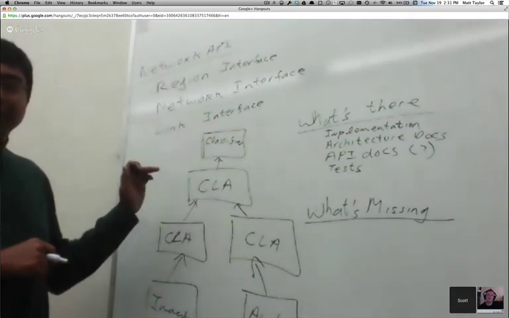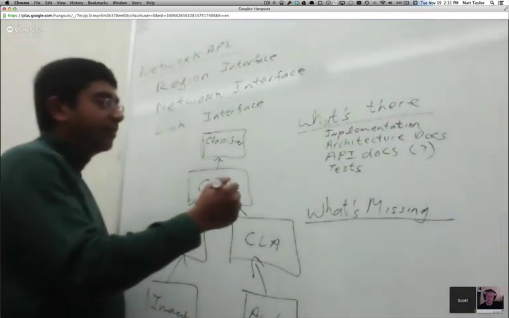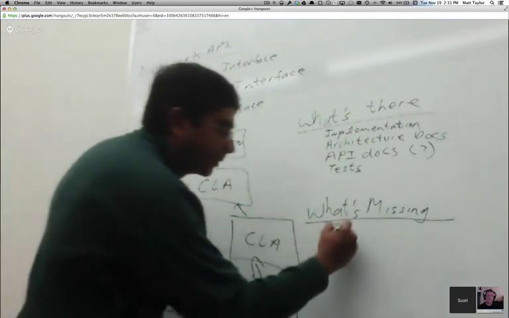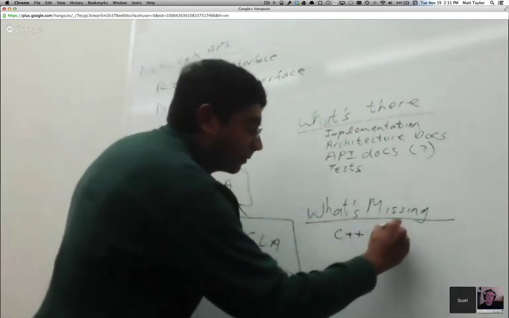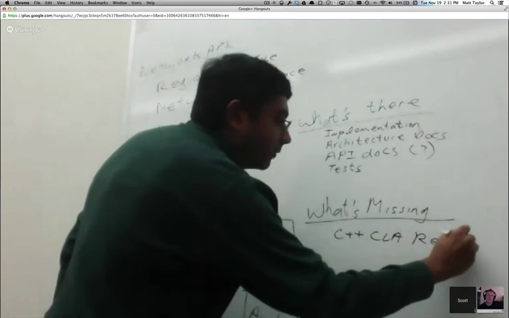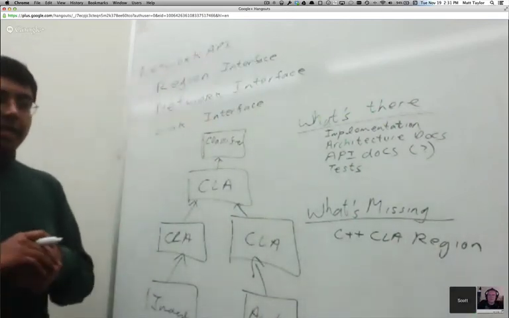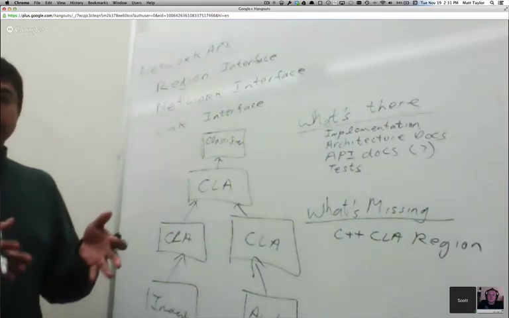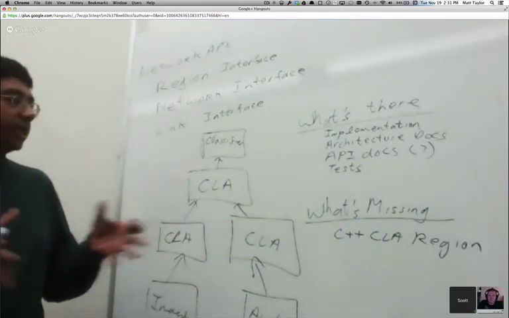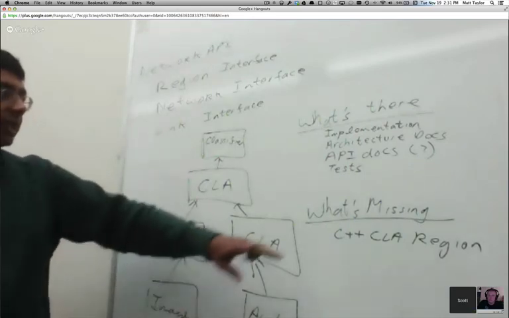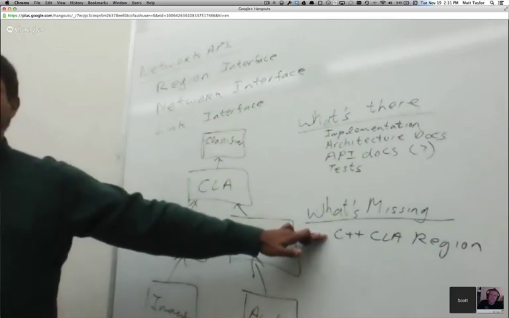What we have is a C++ implementation of the spatial pooler, and 80% of the temporal pooler in C++, but someone needs to take all that and create an actual C++ CLA region.